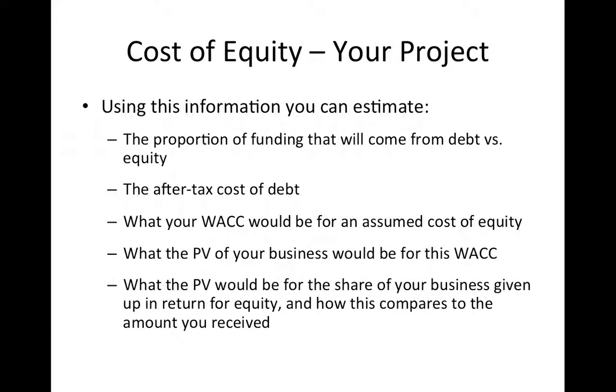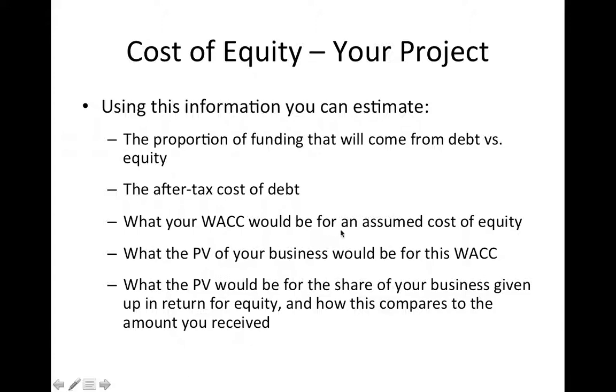So with that information, you can clearly then estimate the proportion of funding that comes from debt versus equity. And so you have your weightings, what percentage debt, what percentage equity. You can calculate your after-tax cost of debt because it's just the before tax times 1 minus the tax rate.